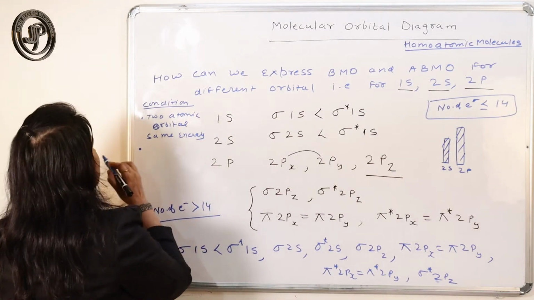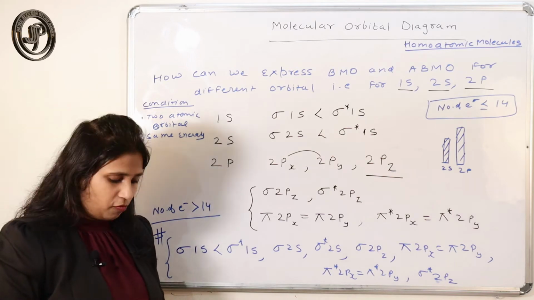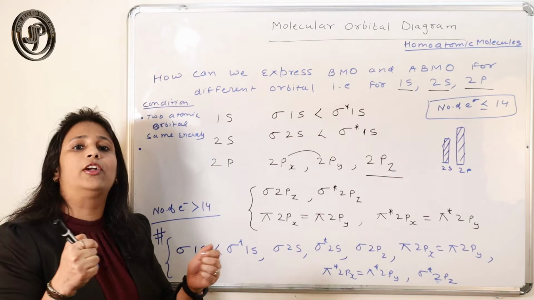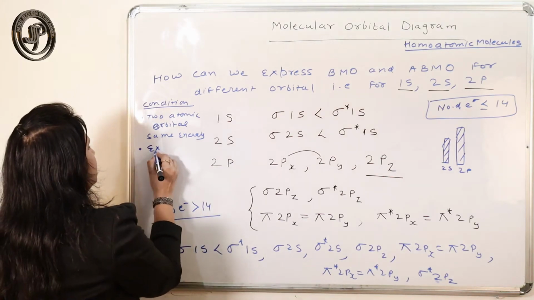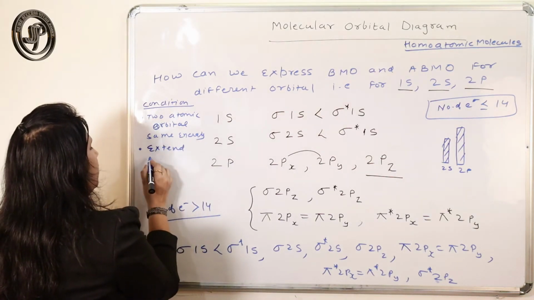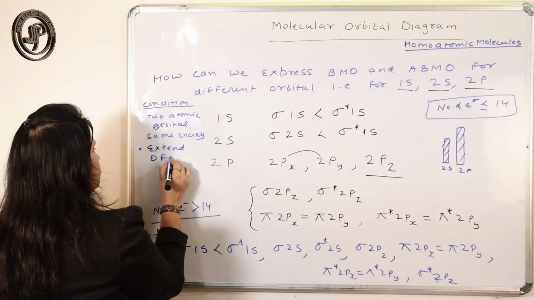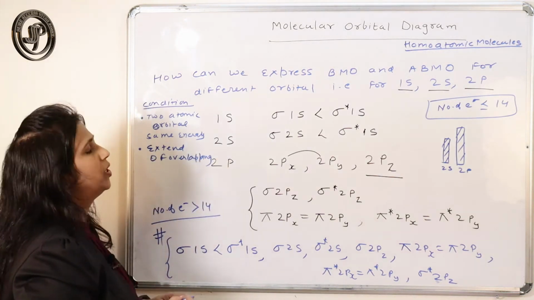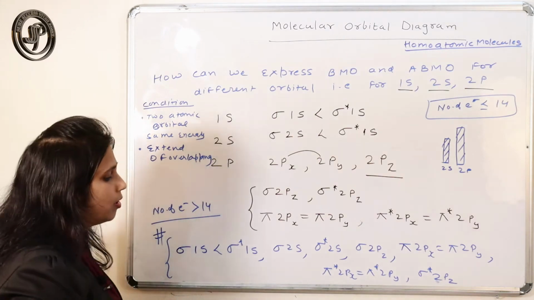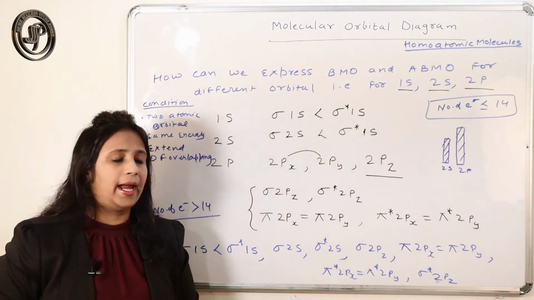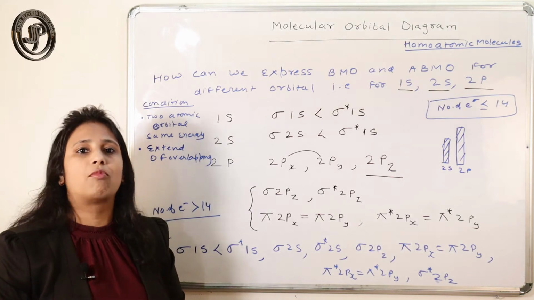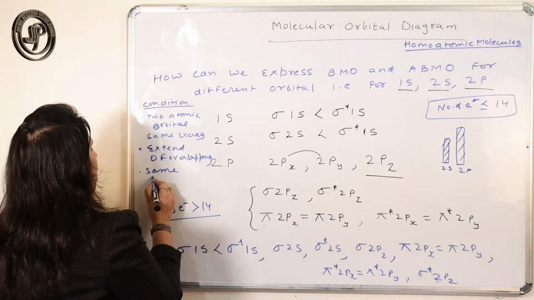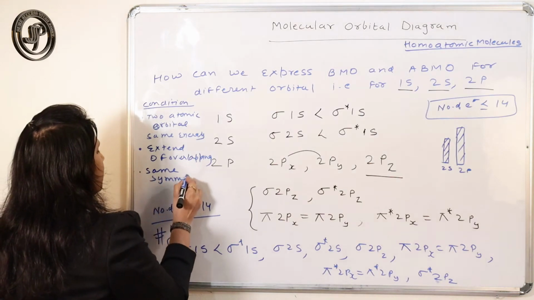The second condition for the formation of a molecular orbital is that their extent of overlapping should be large. And the third, they should have the same symmetry about their molecular axis.